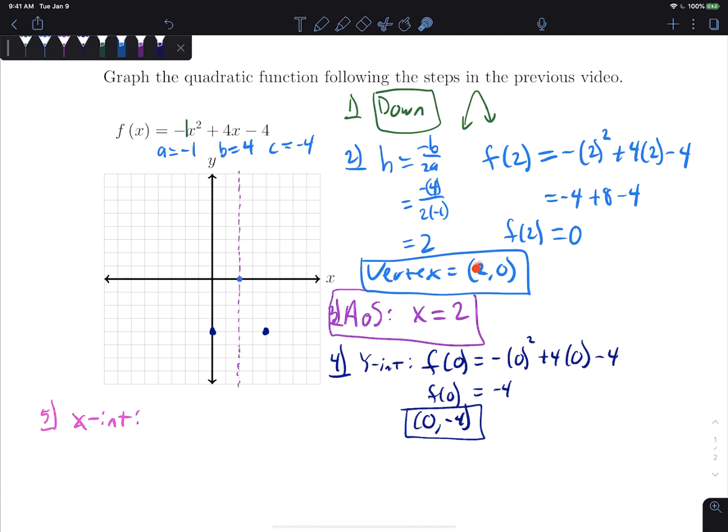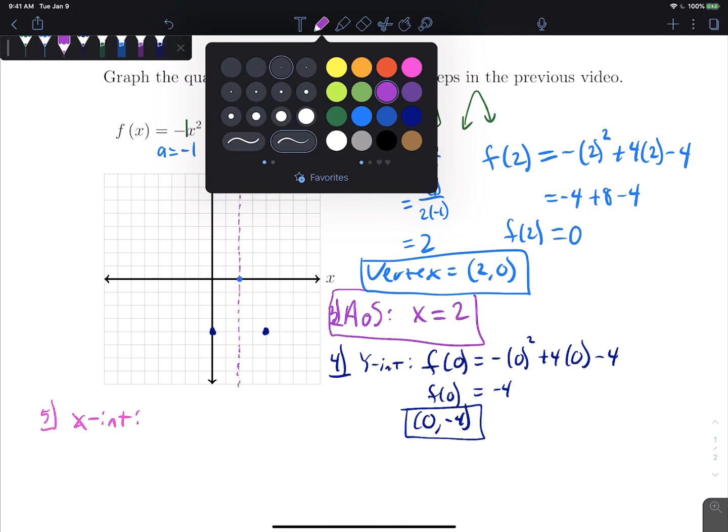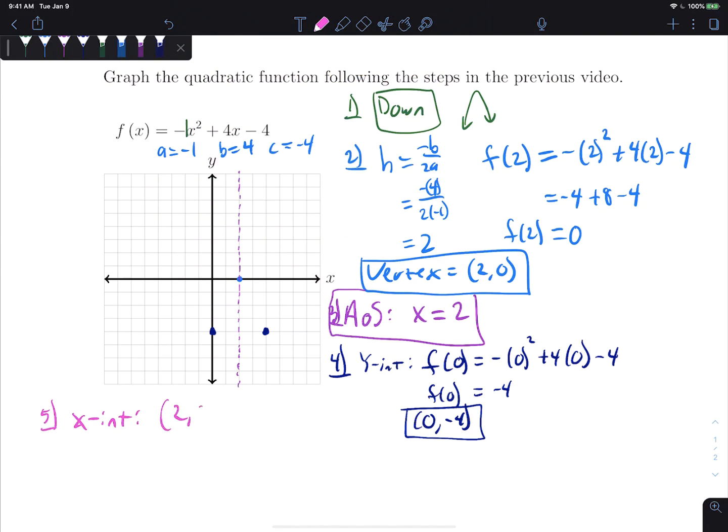So that means this will be the only place where the y value is 0 for the entire function, so the x-intercept is going to be the coordinate (2, 0). Sorry. There we go. Because in this case, the x-intercept is the vertex itself. Wonderful.